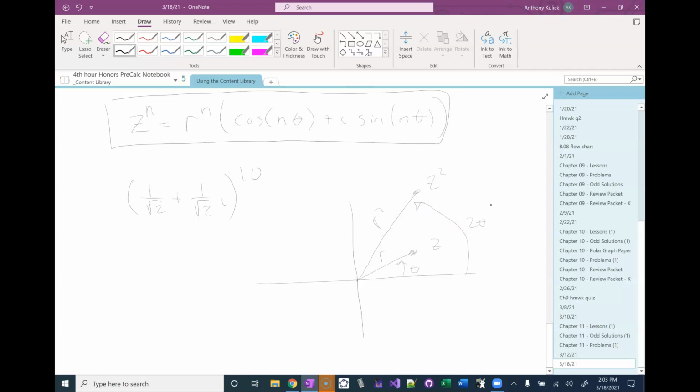Right? And then if we did it again, there's z cubed, where this length is r cubed, and this angle is like 3 theta. Everybody okay with that idea? Okay.